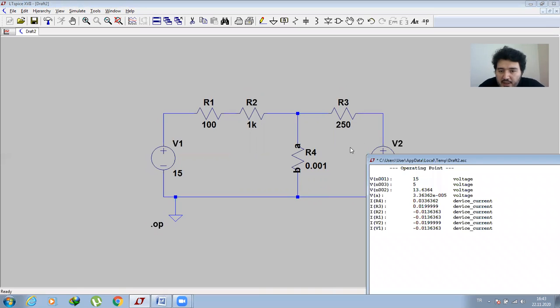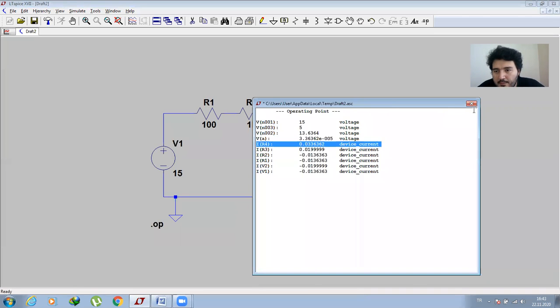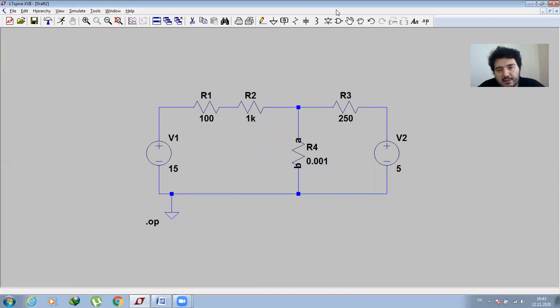This resistor's name is R4, and you can see the current of R4. This is 0.0336 amp. So I'm taking my note again. This is the Thevenin short circuit current. So I obtained the Thevenin voltage and Thevenin short circuit current.